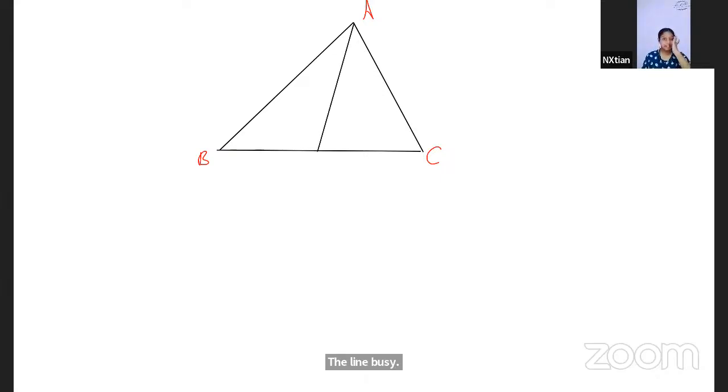Let's name this point D. So AD is a median. Why? Because it is dividing BC into two equal halves. So BD will be equal to DC.